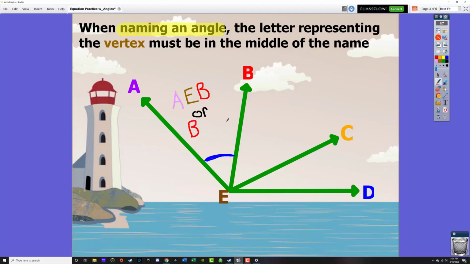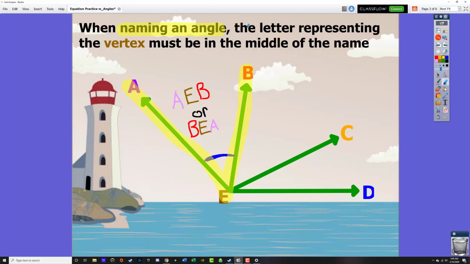We put B in the front, E stays in the middle, and A moves to the other side. So this blue angle right here, we can refer to it as angle A, E, B, or the other way around, B, E, A.